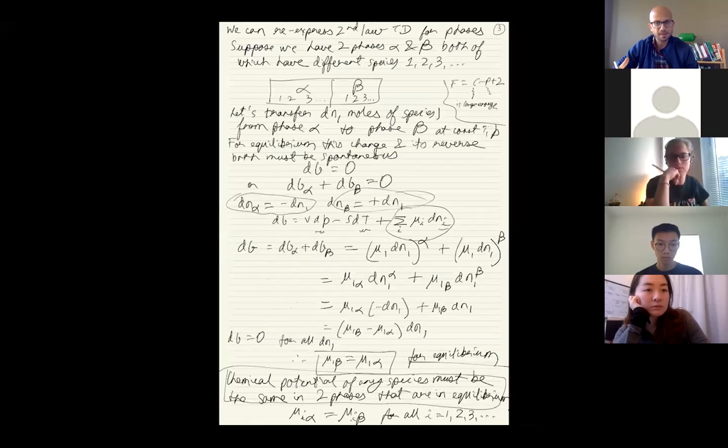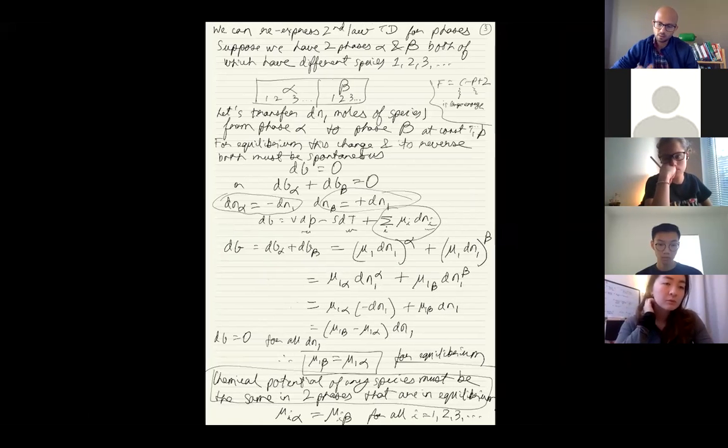So that's interesting that at equilibrium, the chemical potential should be the same across phases, and we are talking about the chemical potential for a certain species. It is possible that mu1, the chemical potential of species 1 in phase alpha, is equal to the chemical potential of species 1 in phase beta.